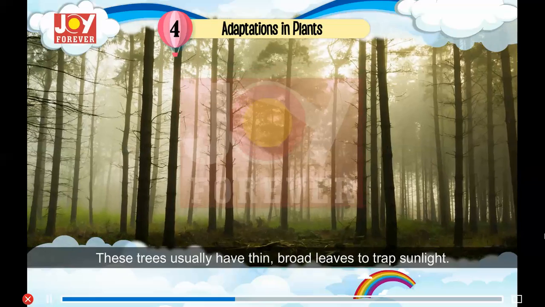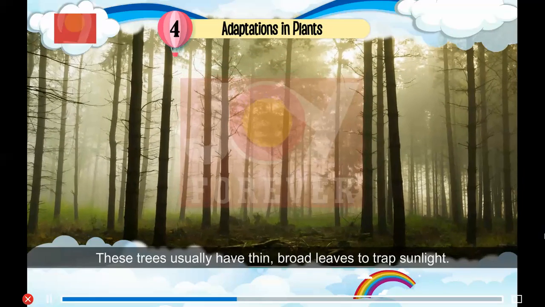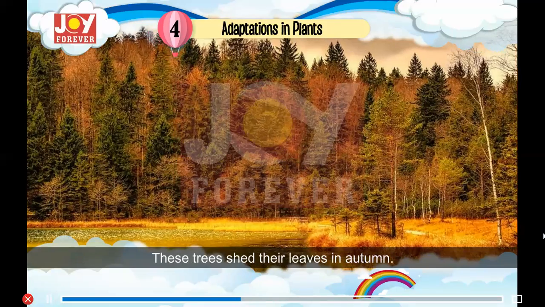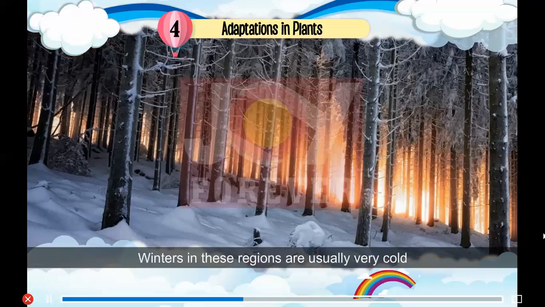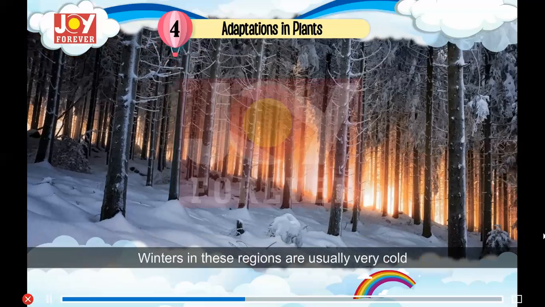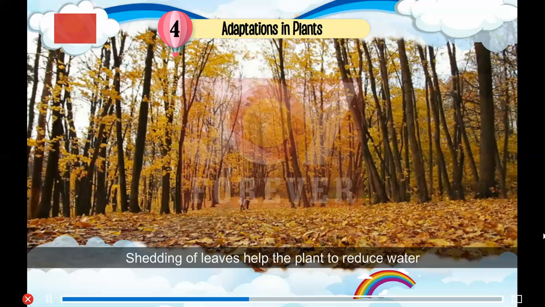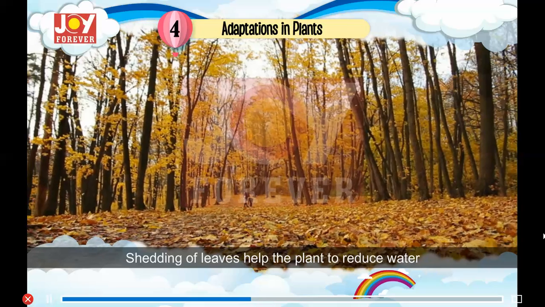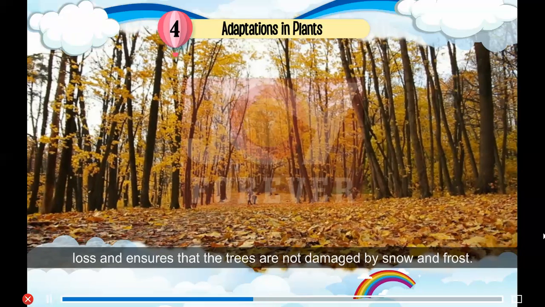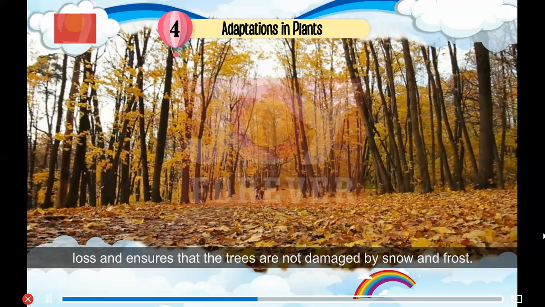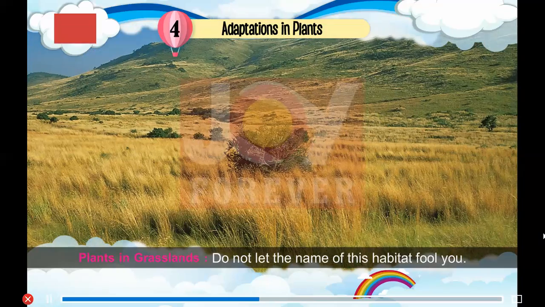These trees usually have thin, broad leaves to trap sunlight. These trees shed their leaves in autumn. Winters in these regions are usually very cold and there is not enough sunlight. Shedding of leaves helps the plant to reduce water loss and ensures that the trees are not damaged by snow and frost.